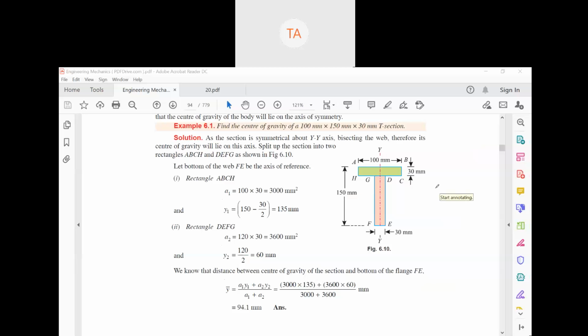A symmetrical figure means what? Suppose you cut this T into half. If you cut like this, one part will be like this, and if you cut it here, the other part will remain like this. Yes or no?